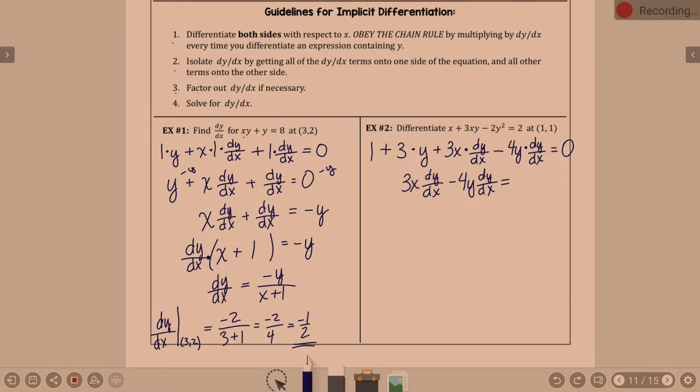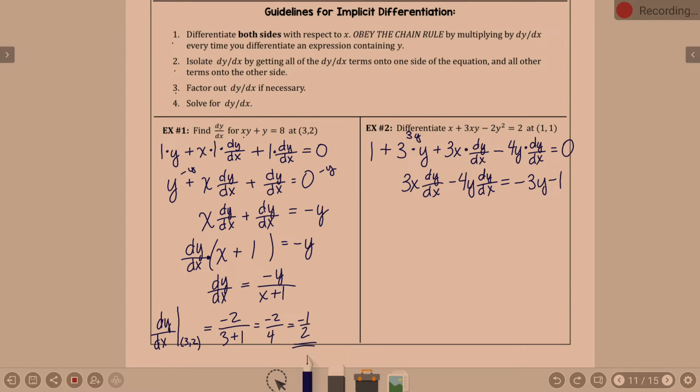Negative 3y minus 1. And maybe I shouldn't have done that. Because what are my terms here? We have 1, and what's 3 times y? That is 3y, right? So I move basically the 1 and the 3y over.